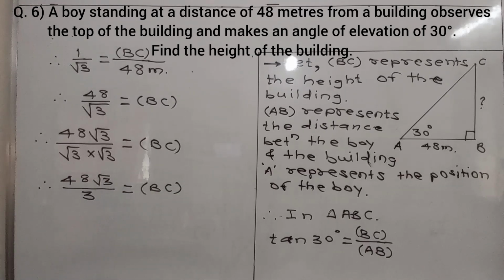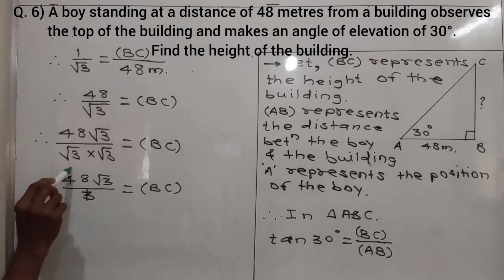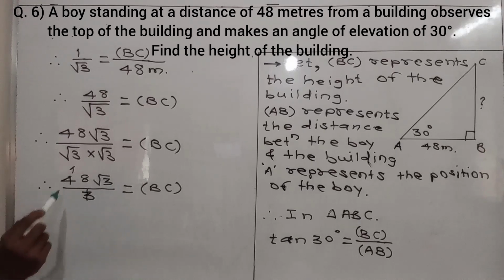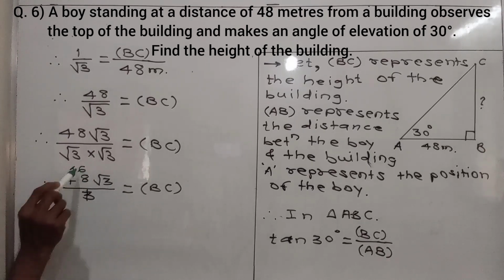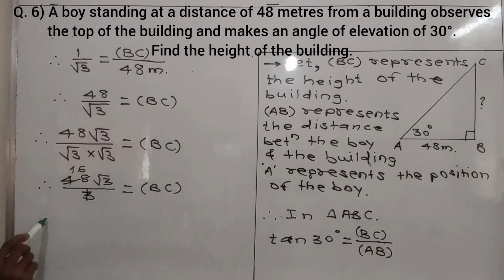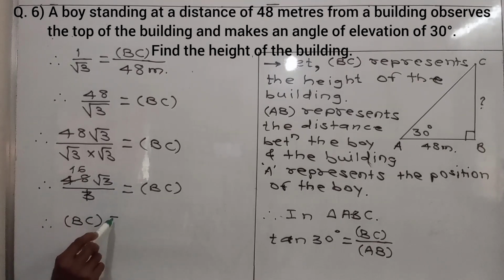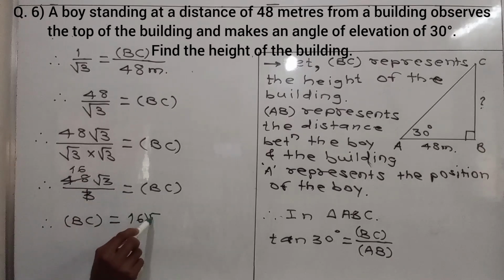Since 48 and 3 are divisible by 3, 3 ones are 3 and 3 sixes are 18, therefore BC is equal to 16 square root of 3 meters.